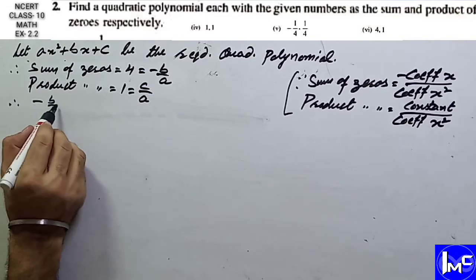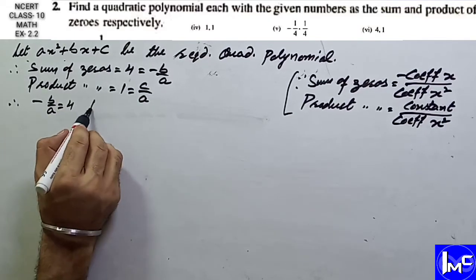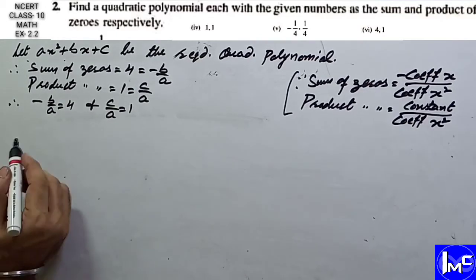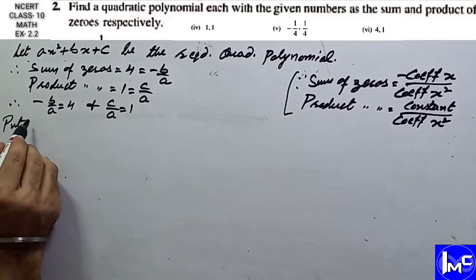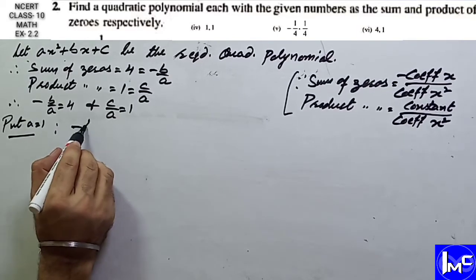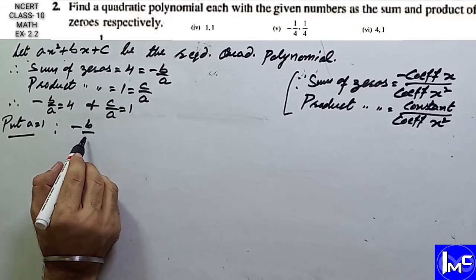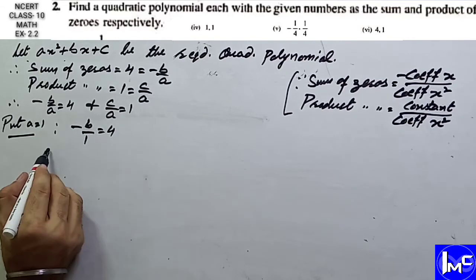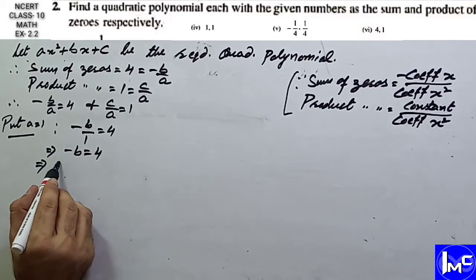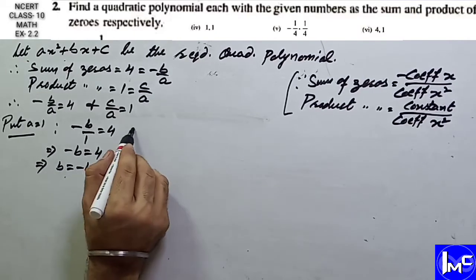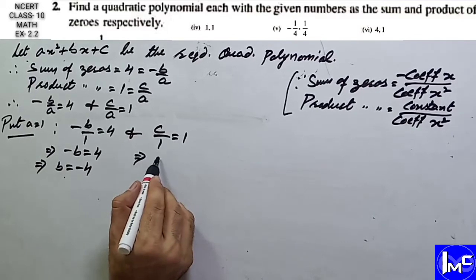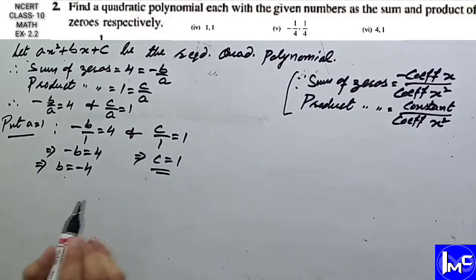Therefore, minus b over a is equal to 4 and c over a is equal to 1. Now again we shall put a is equal to 1 and we shall get minus b over 1 is equal to 4. That implies minus b is equal to 4, and that implies b is equal to minus 4. And in the same way, c over 1 is equal to 1. That implies c is equal to 1.